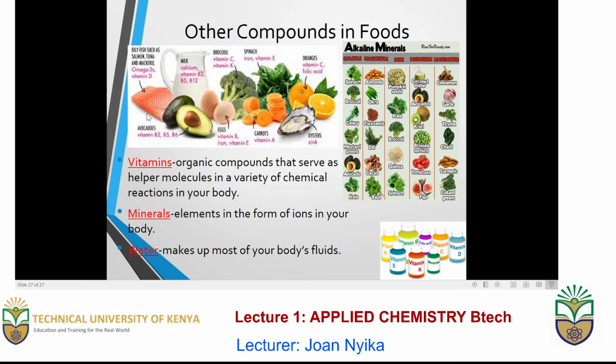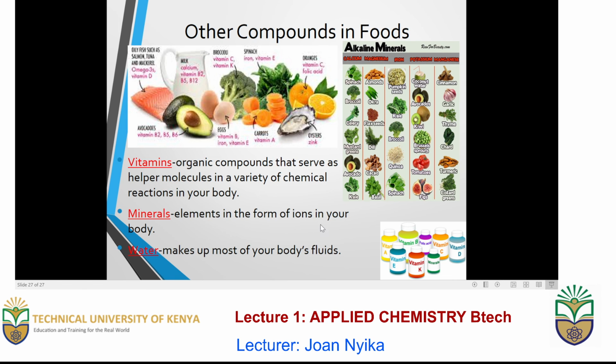Other compounds that are made up of organic carbon include vitamins, minerals, and water. In our next class, we will focus more on water and the various characteristics of water that also make it unique in applied chemistry.